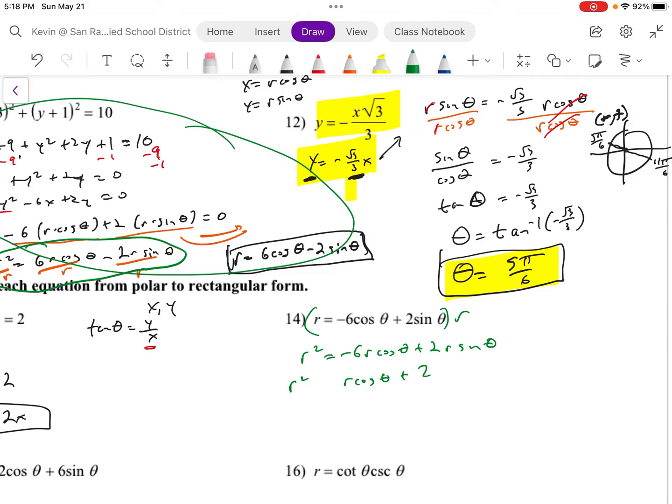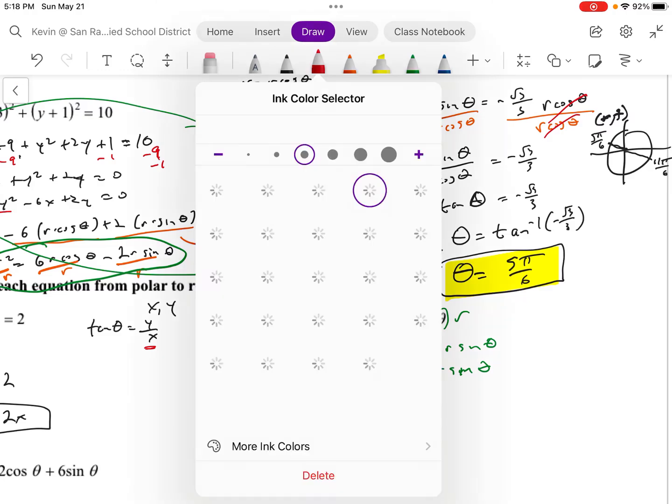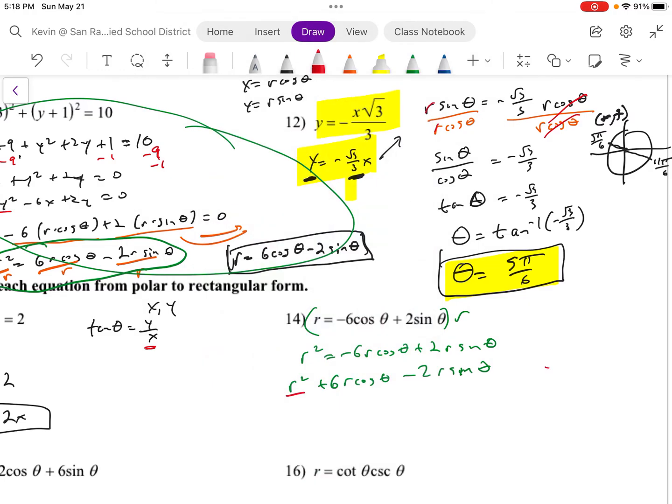Come on, Kevin, let's get this right. r squared plus 6r cosine theta minus 2r sine theta. All right, well, r squared is the same as x squared plus y squared.